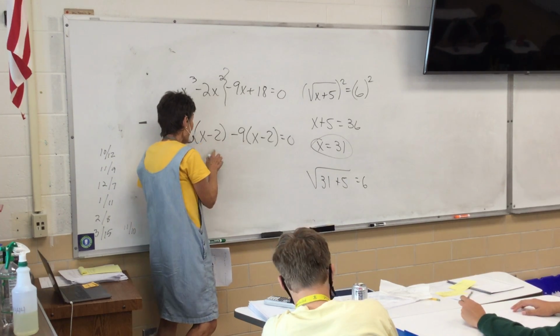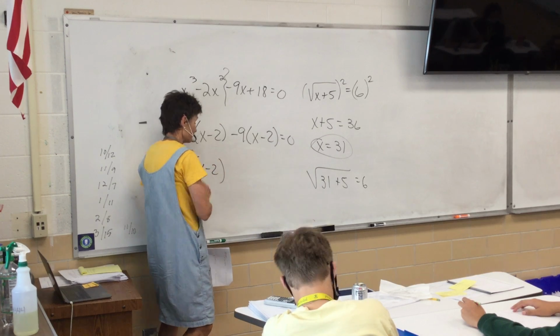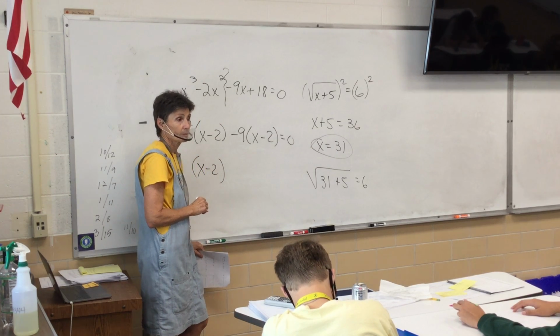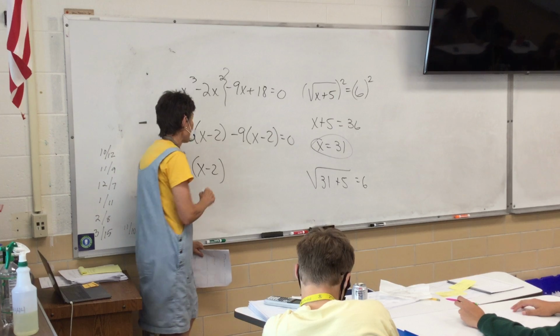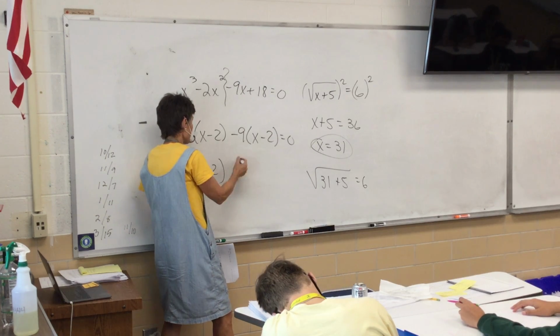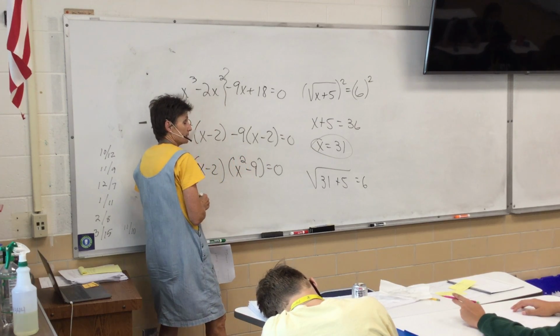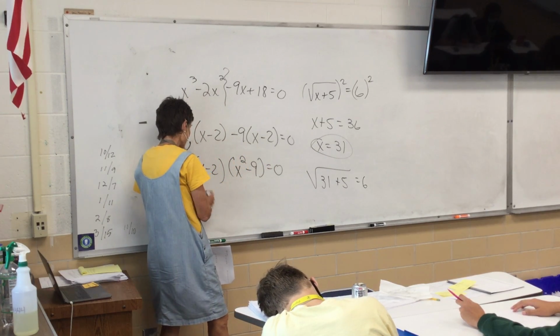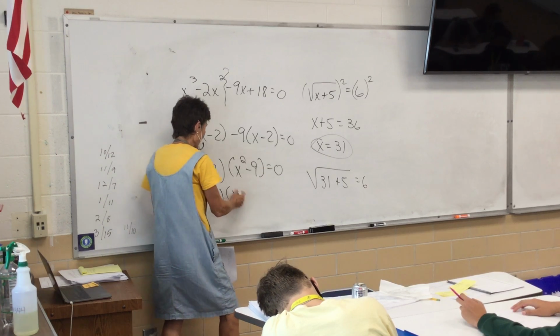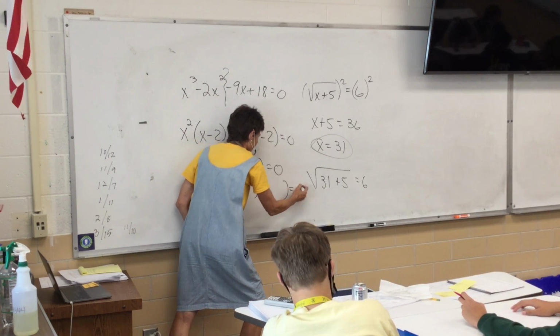Now I have my match, which is x minus 2. So now I have to put together the rest, which is x squared minus 9. And x squared minus 9 actually factors into what? Please tell me you know.